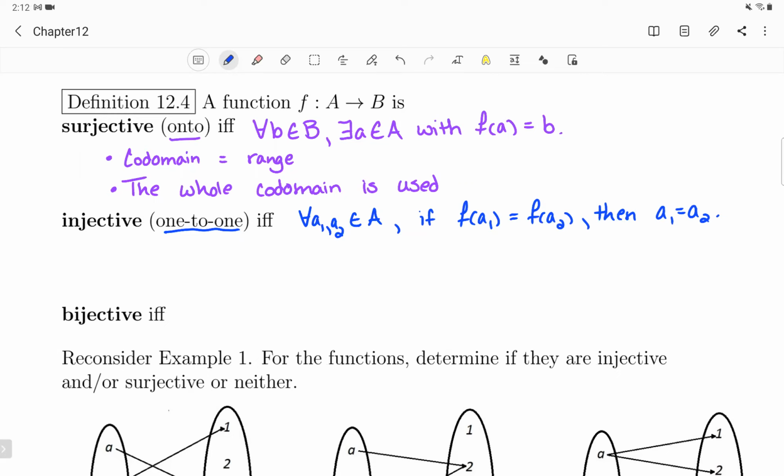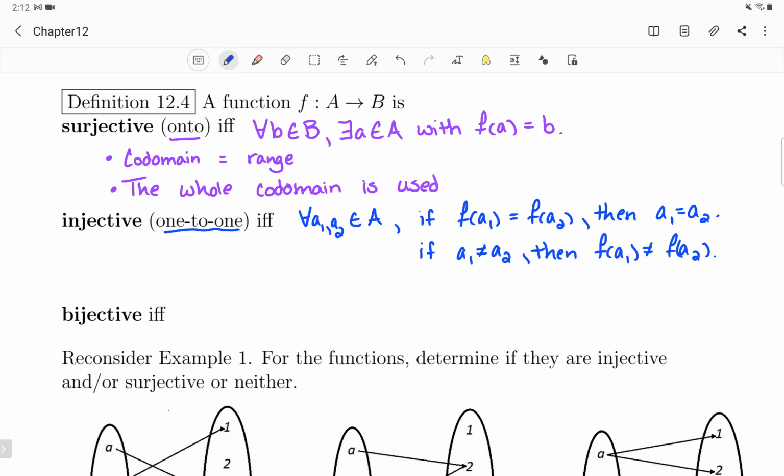Sometimes you'll see this defined by the contrapositive, which would say if A1 does not equal A2, then f of A1 does not equal f of A2. These mean the same thing, right?